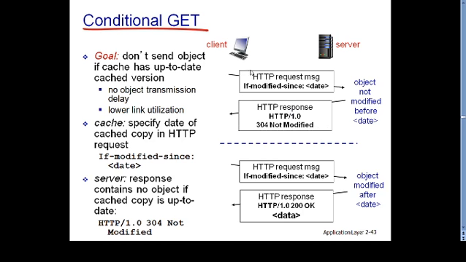If the client sends a request to the proxy server with the header if modified since, and a date is mentioned there, meaning the object was not modified before this date mentioned in the request, then the proxy server will respond back with that not modified web page to the client, and the client can use that web page.